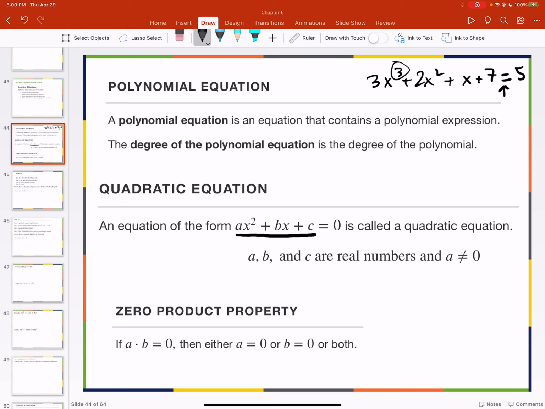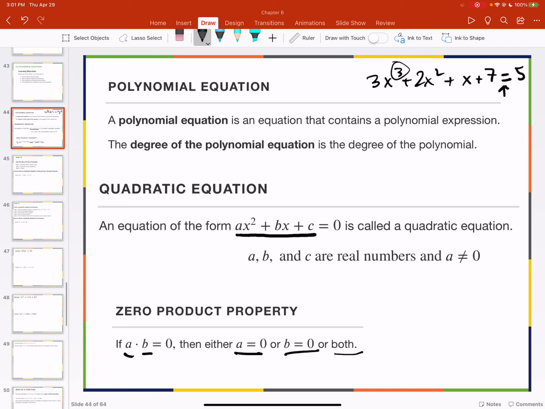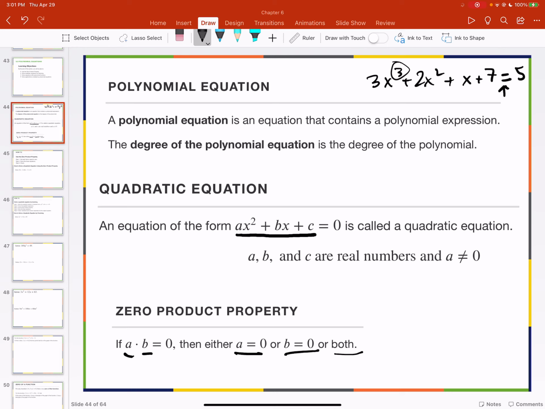If you can't think of any, that's because there aren't any. In order for a product to be 0, one of the numbers has to be 0, right? Either A equals 0 or B equals 0 or both. And if you question that, go ahead and try it. Try finding two non-zero numbers whose product is equal to 0. You won't be able to because it doesn't exist.